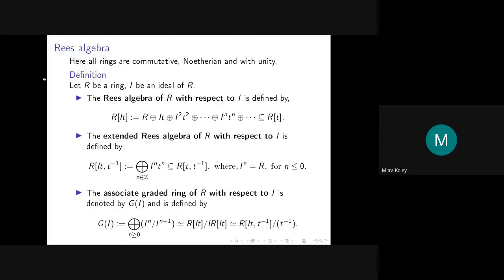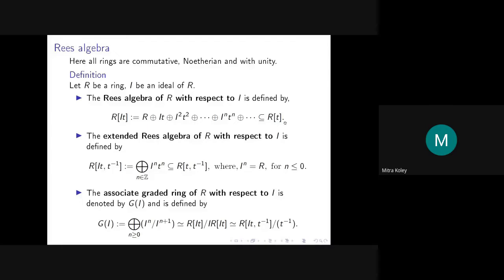Here all rings are commutative, Noetherian, and with unity. Let R be a ring and I be an ideal of R. The characteristic of R could be anything and I can be any ideal of R. Then the Rees algebra of R with respect to I is denoted by R[It], and is defined as a graded subalgebra of the polynomial algebra R[t].